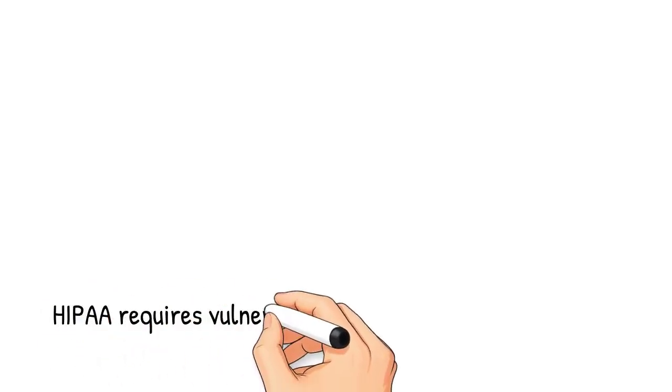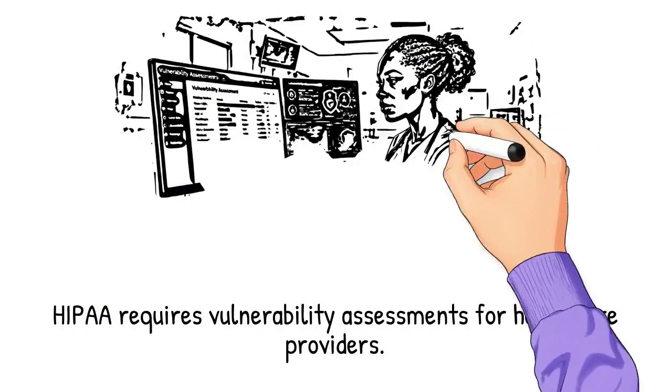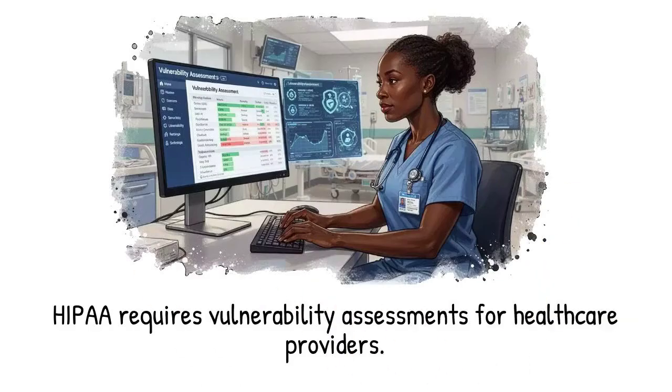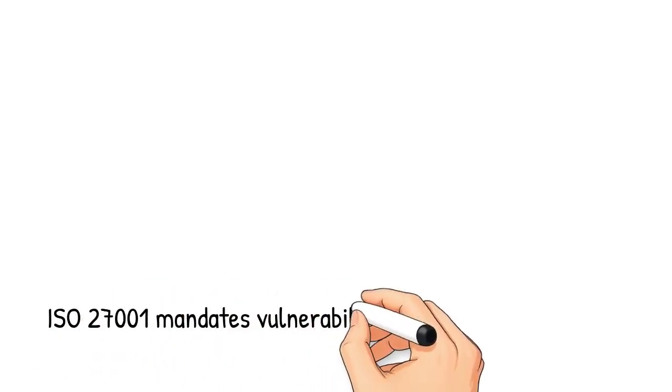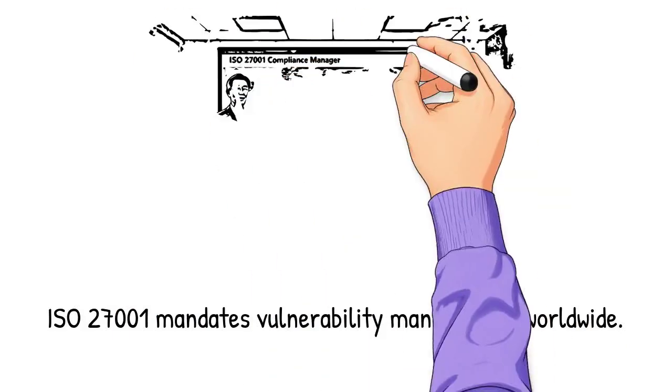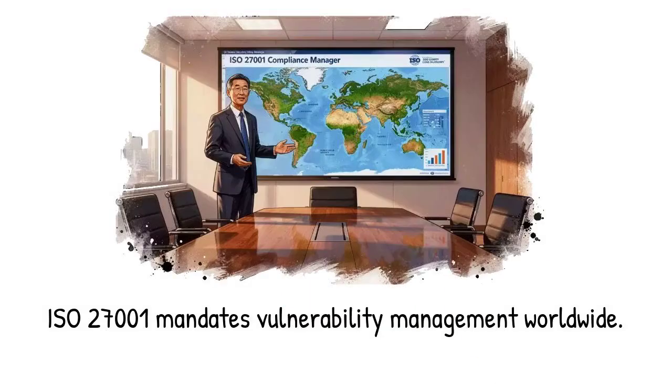HIPAA, Healthcare, requires regular vulnerability assessments, risk analysis, patch management, documentation, used by hospitals, clinics, and healthcare providers. ISO 27001 requires continuous vulnerability management, risk-based remediation, documentation, and audits, used globally across industries.